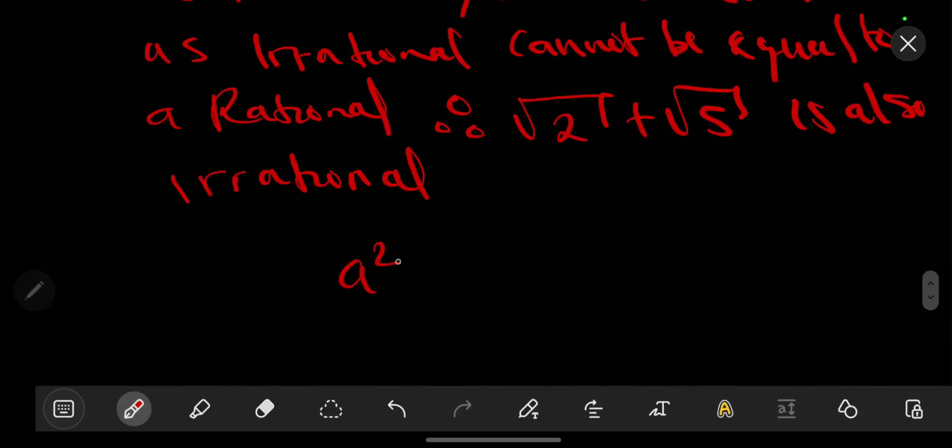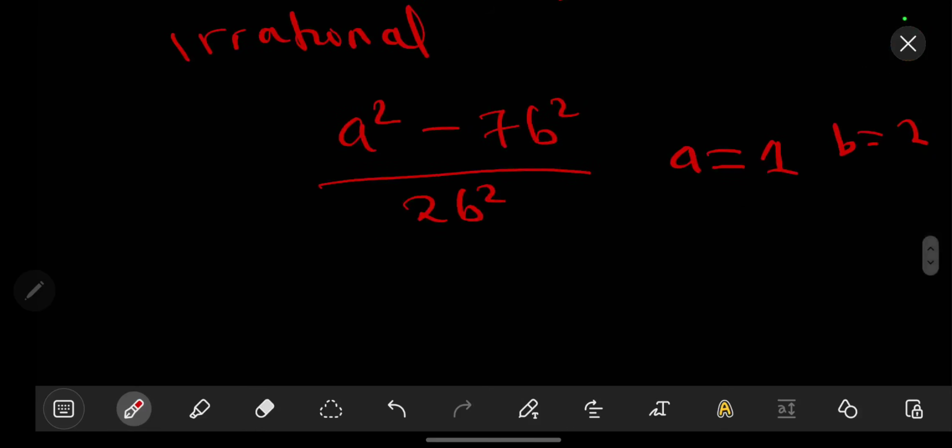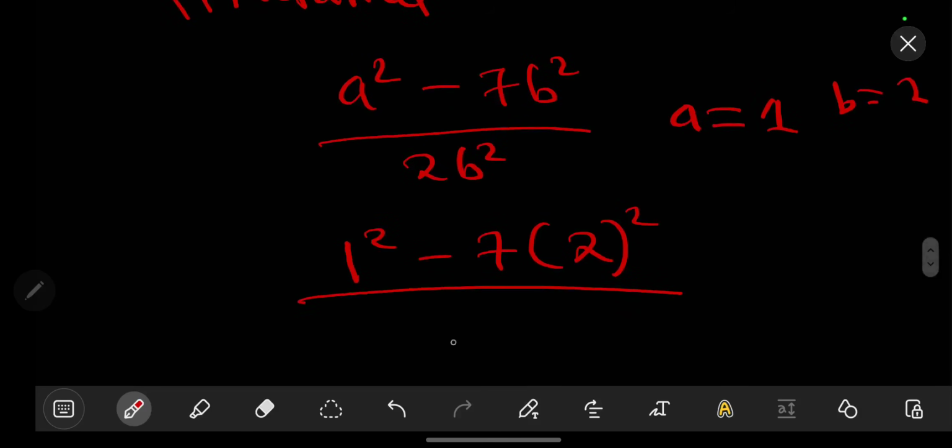this by saying if we have a squared minus 7b squared over 2b squared, let's say our a can be any value. Let's say our a is equal to 1, our b is equal to 2. If we replace this, we have 1 squared minus 7 times 2 squared over 2 times 2 squared.